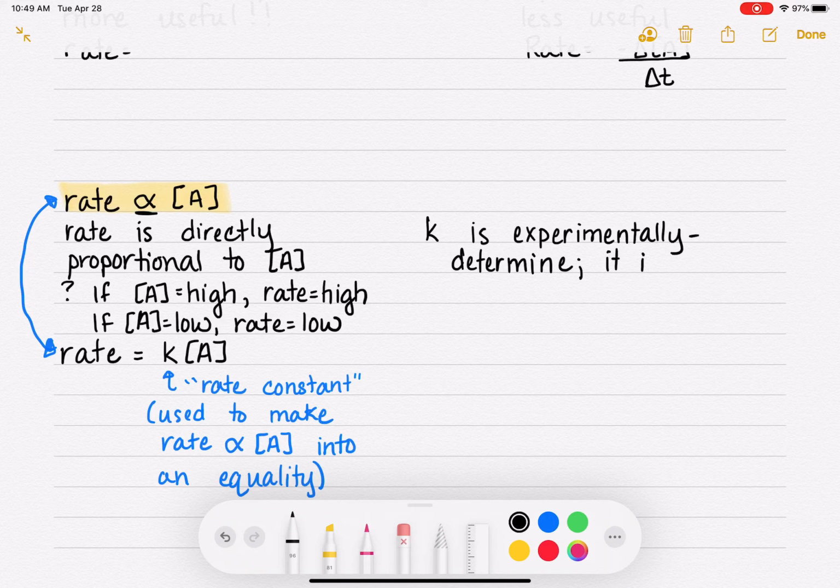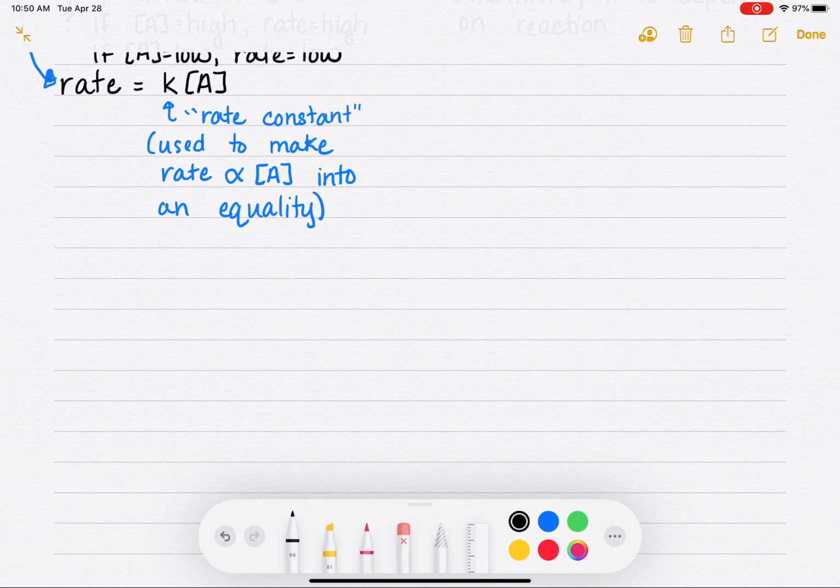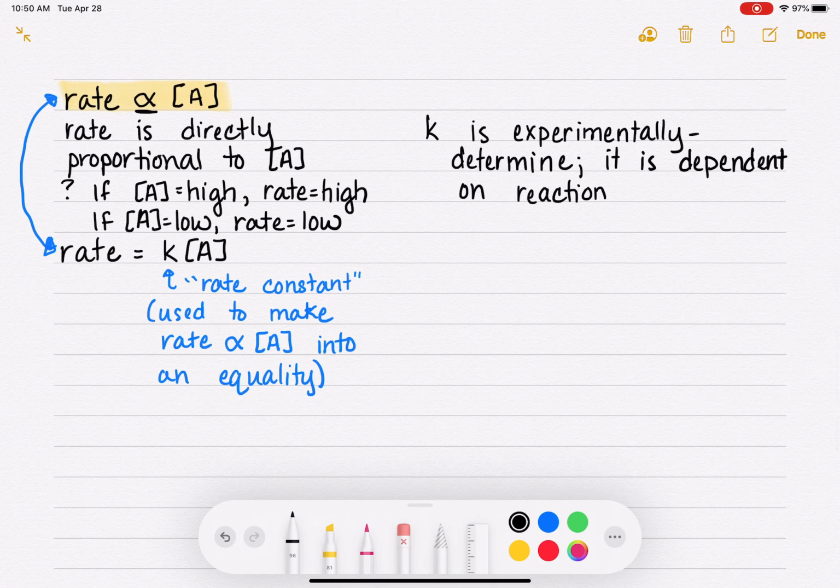It is dependent on the reaction. So it's not like the ideal gas constant, R. k is different for every reaction. So it's more like an equilibrium constant, capital K, big K. It's reaction specific, and it also depends on the conditions.